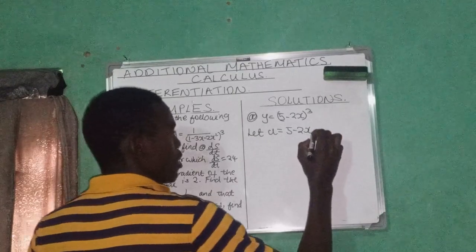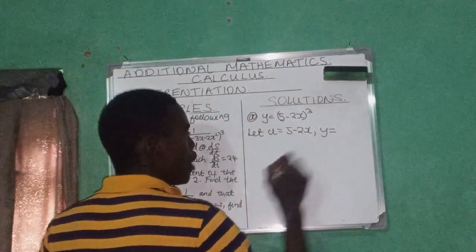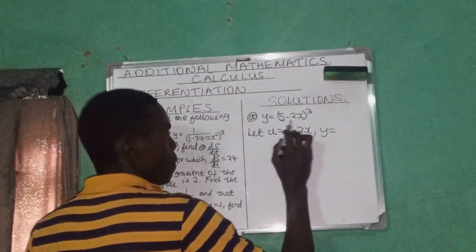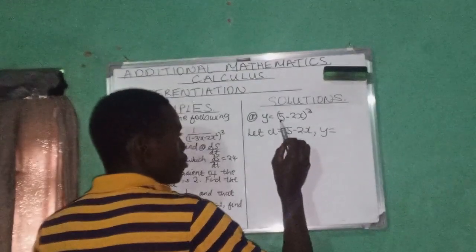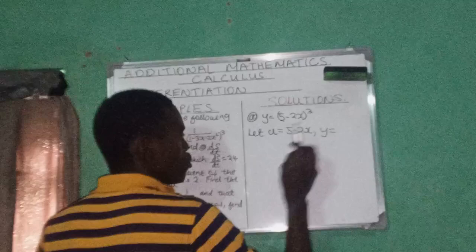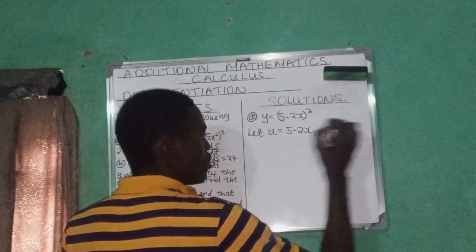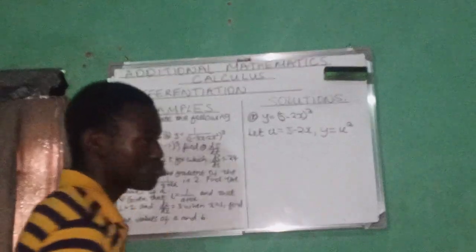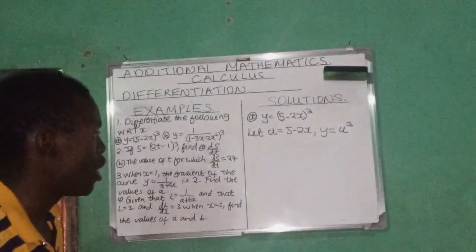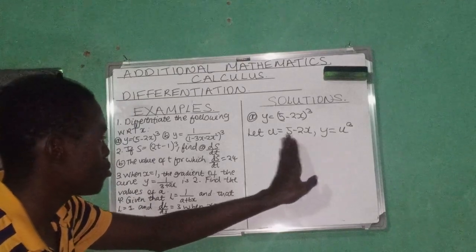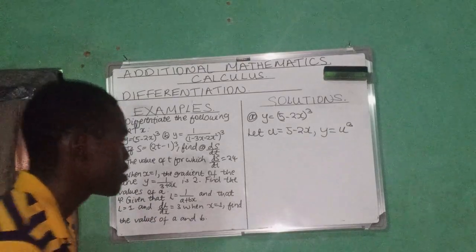And then you say your new y will be equal to whatever has remained. In place of the bracket, we put u, but remember that there's a power 3, so use the power 3. So I formed two functions, one in u, one in y. Okay, you can see that.